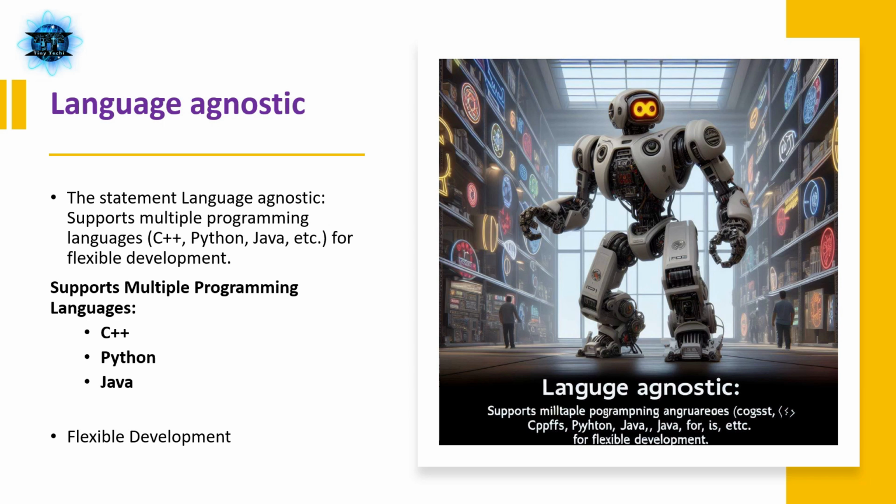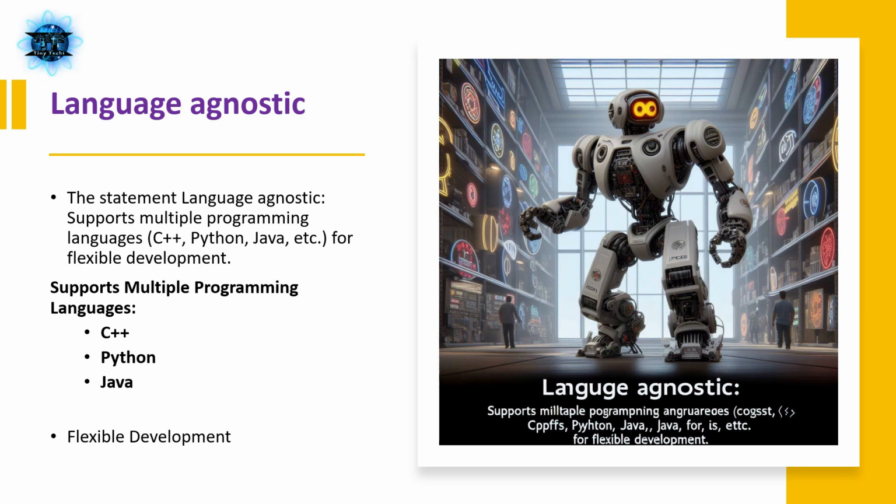The statement language agnostic supports multiple programming languages like C++, Python, Java, etc. for flexible development. How does ROS2 provide that flexible development feature?